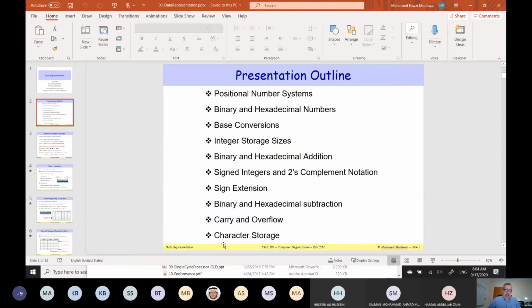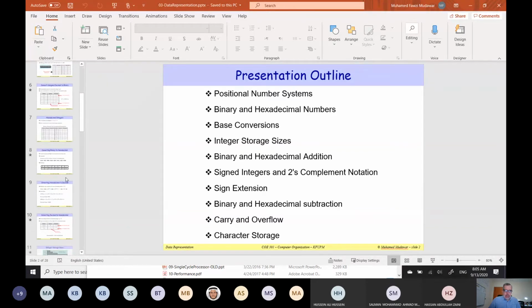Of course, this is basically the coding of characters. But what's interesting is this sign extension here. And you have to really understand the difference between carry and overflow and the two's complement notation. So let me talk briefly about the sign extension.